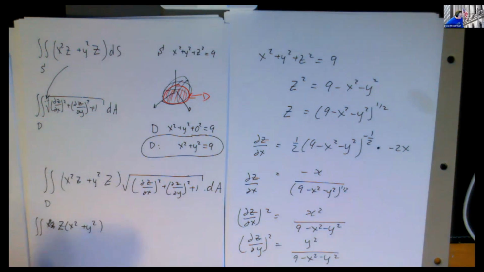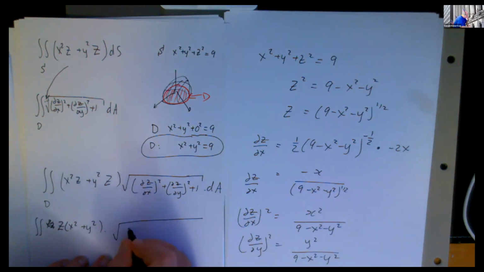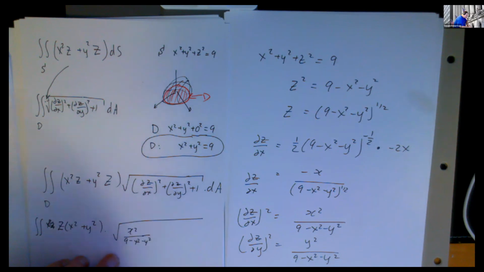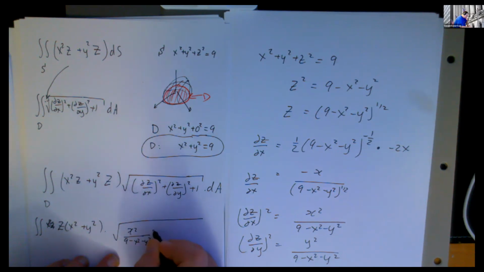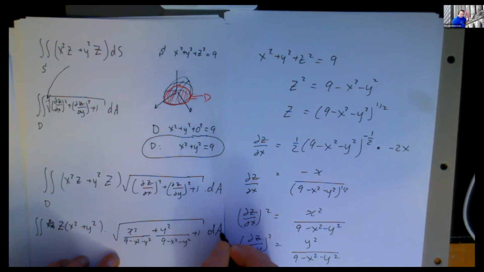I'm just pulling out a z right now. I don't want to do too much. Square root of first guy, plus the second guy, plus 1 dA.